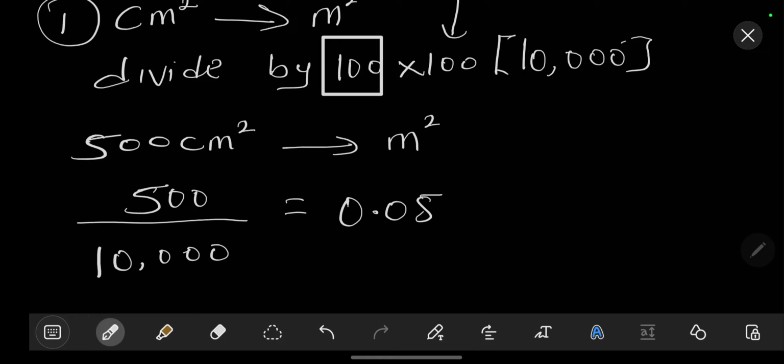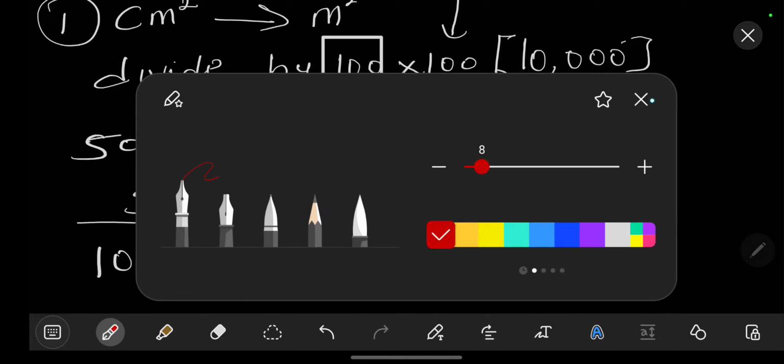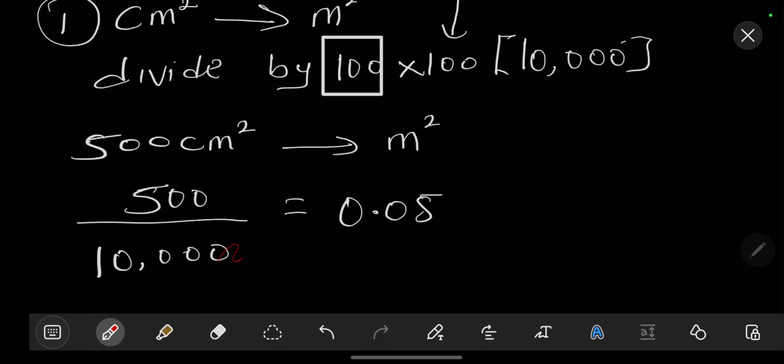0.05. So if you're wondering how you can do that without a calculator, which I even recommend because it makes you smarter, you just have to count the number of zeros you have in 10,000 here. You have 1, 2, 3, 4 zeros. So since you're dividing, you're going to move backwards. Since 500 has no decimal, we have an imaginary decimal here, and you're going to move it 4 places backward.